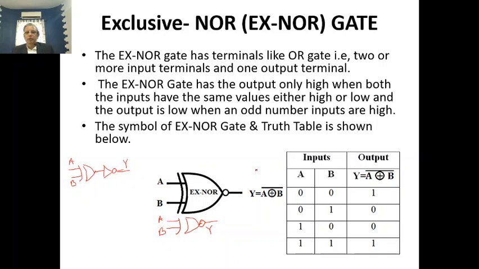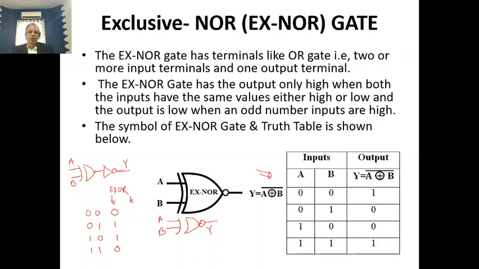And the truth table for the XNOR gate is this. For the XOR gate, we know that 0, 0 is 0, 0, 1 is 1, an odd number of ones, here again odd, and here an even number of ones, 2, and this is 0.